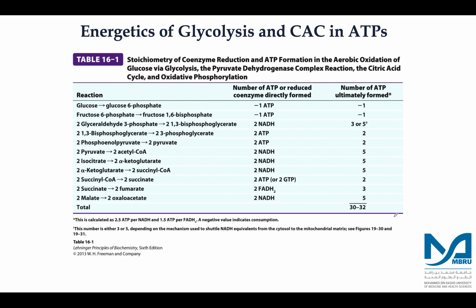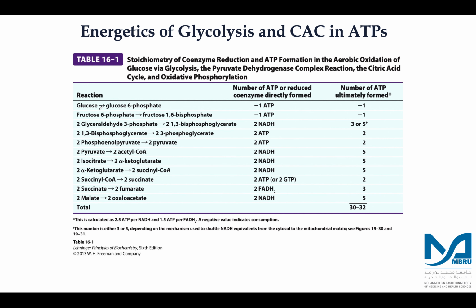So you need to read that section separately. What we talk about as energetics is the energetics in terms of the production or the use of ATP. So we go back to glycolysis and start from there.